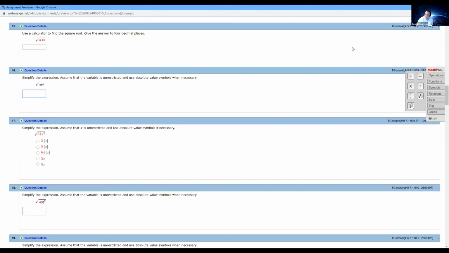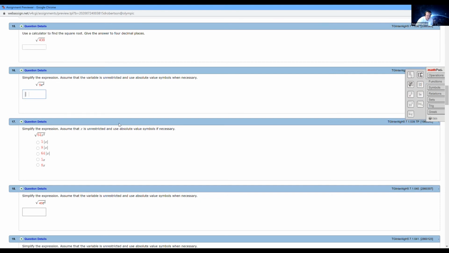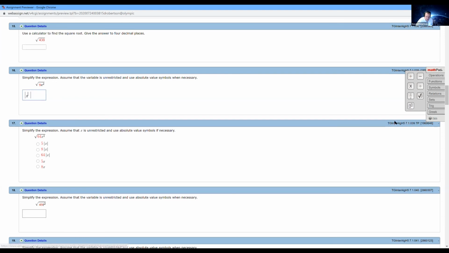I hit the function and I pick that guy. I then type in x, and then I would go to operations and hit this button and put a 3 in. So it's in 2 different submenus. The absolute value is in the function submenu, and this button here is how you put squares and cubes and all the other good stuff.